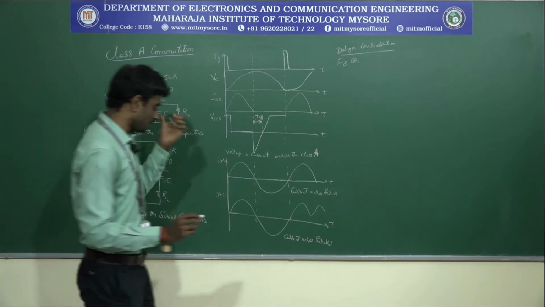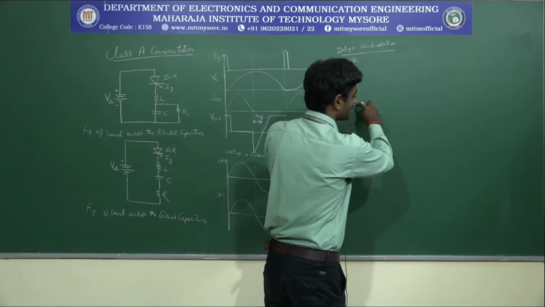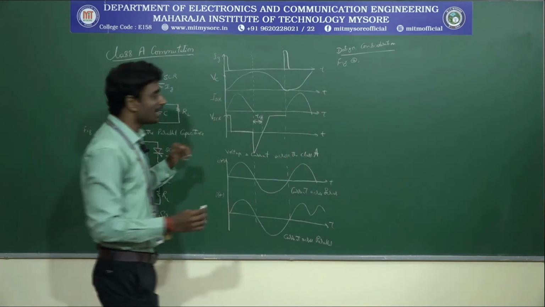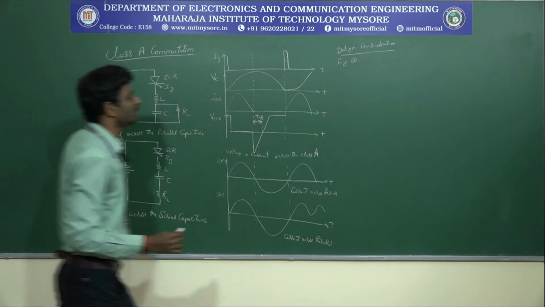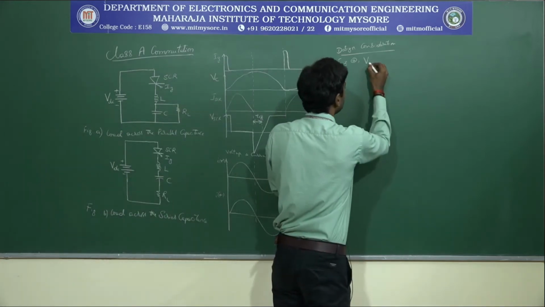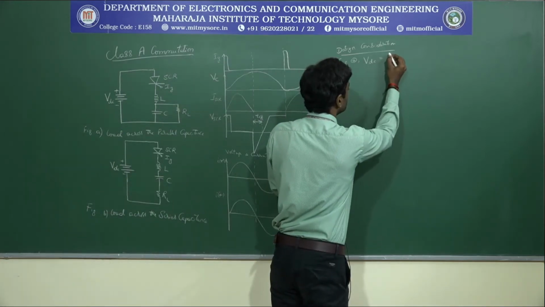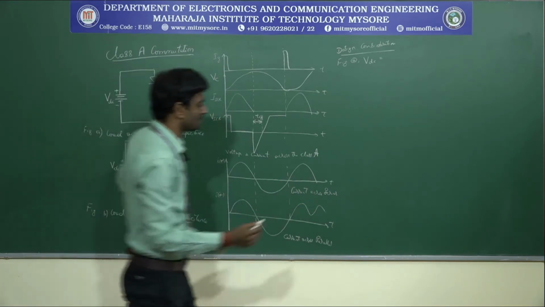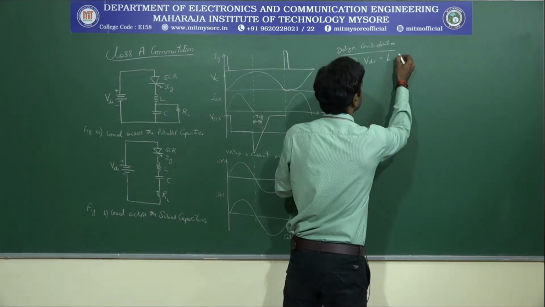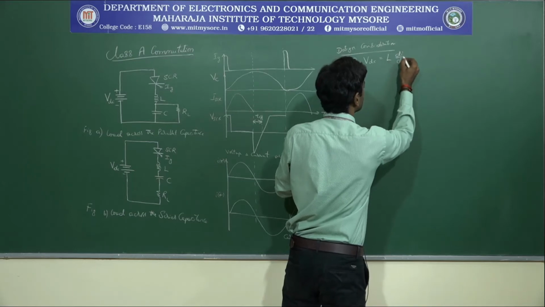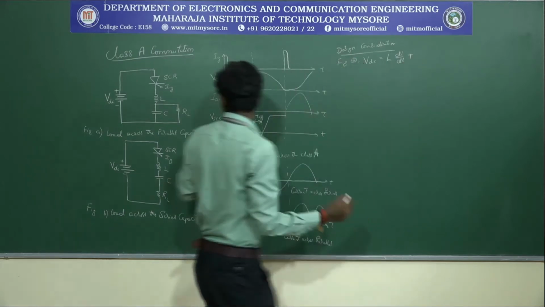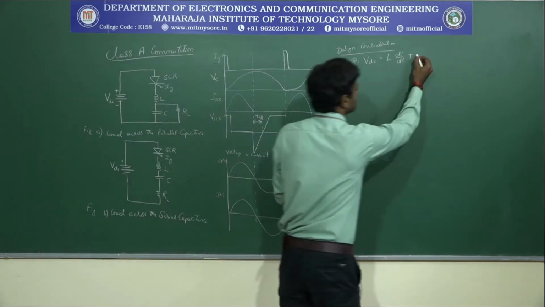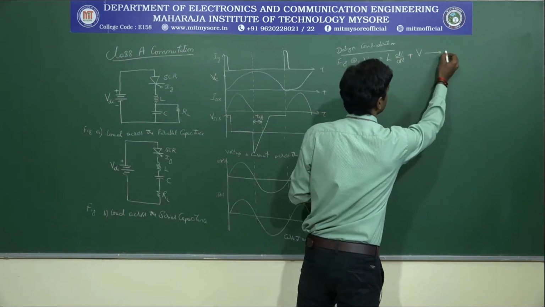If you consider figure A, in these conditions I can read the circuit equation. VDC will be equal to L into di by dt plus the capacitance voltage V. This will be equation 1.